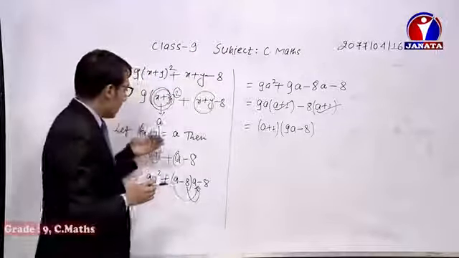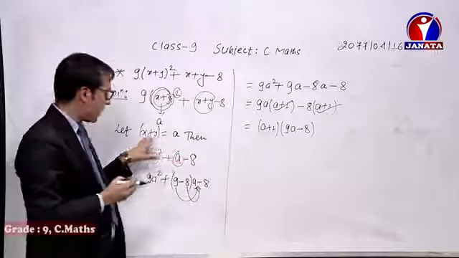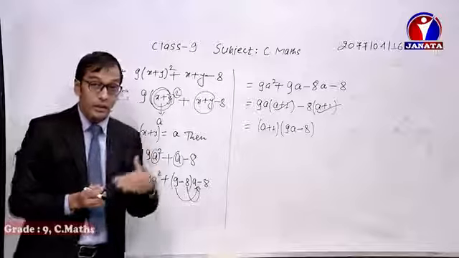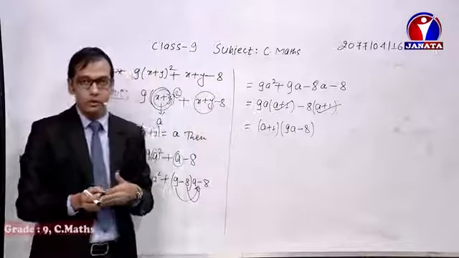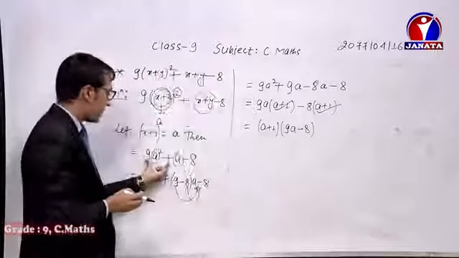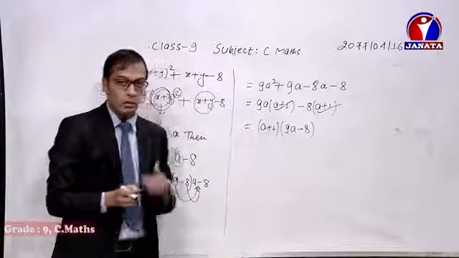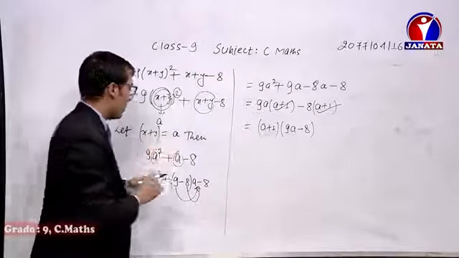Here, what is our assumption? We supposed x plus y is a to simply change into simple form for the factorization. Now after splitting this into two factors, now we simply replace a by x plus y.